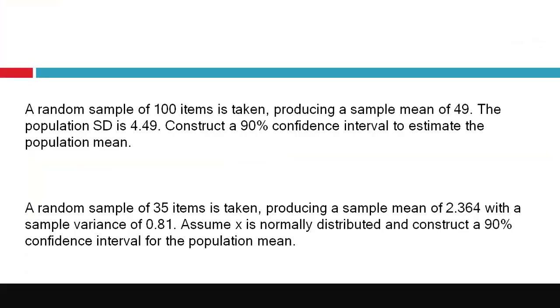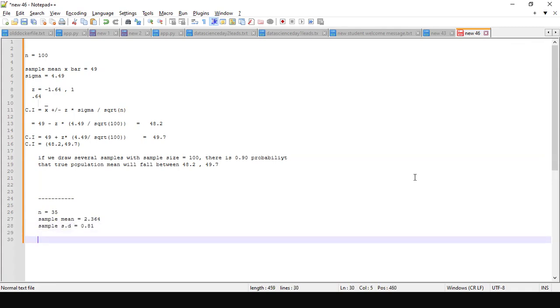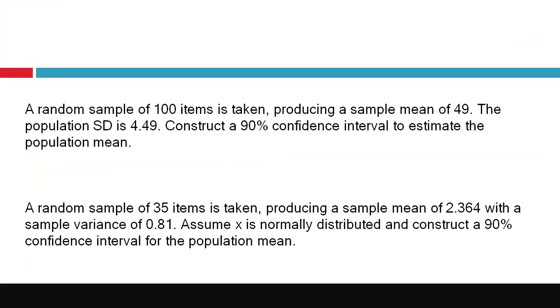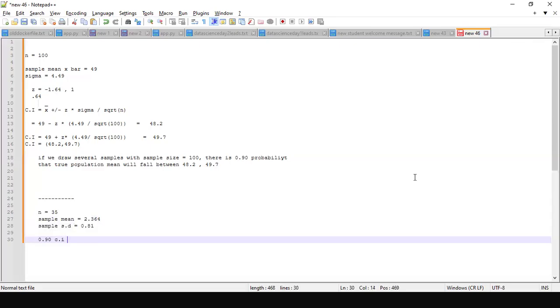X is normally distributed, they've already given, right? So with the 0.90 confidence interval, 0.90 is nothing but the probability they've given, right?